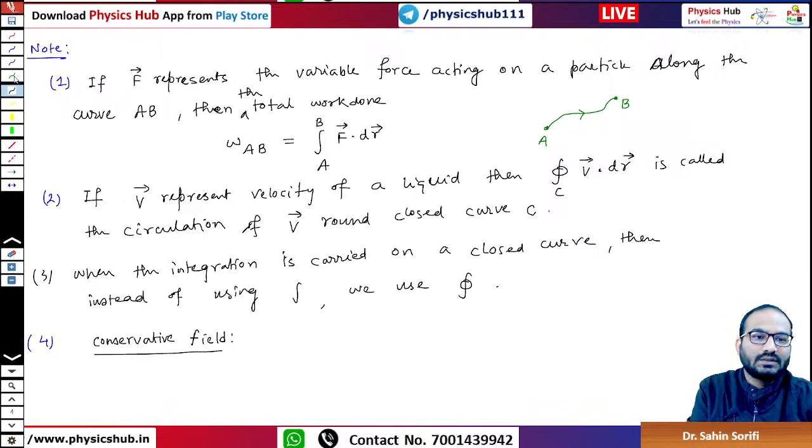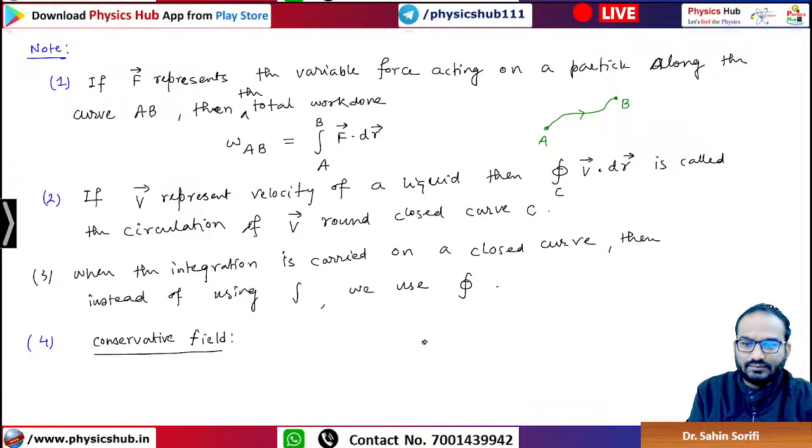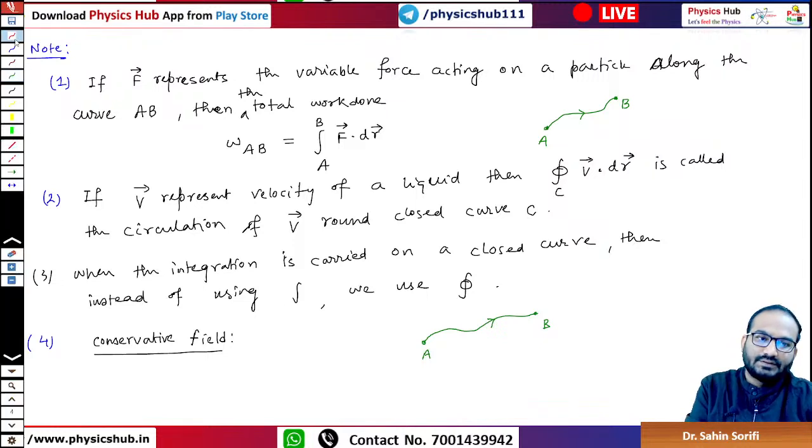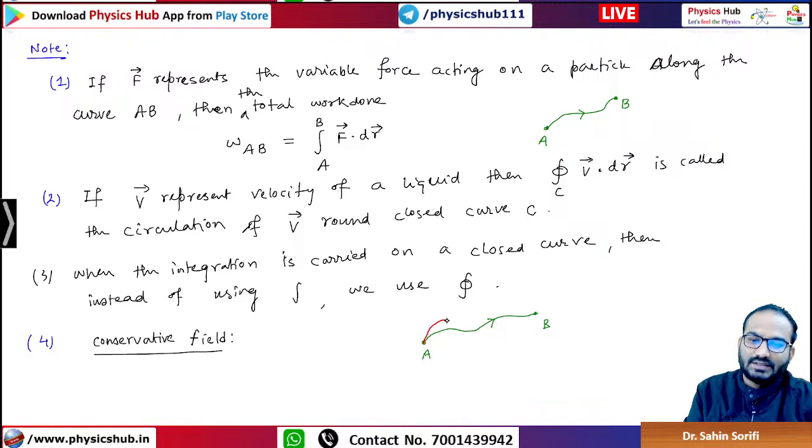As I told you previously also, let's say we have two points A and B, and we are evaluating the line integral for a vector function along this curve from A to B. Now if you consider different paths, in general the line integral will be different, but when the vector function acting here is conservative in nature, then the line integral will be independent of the path.